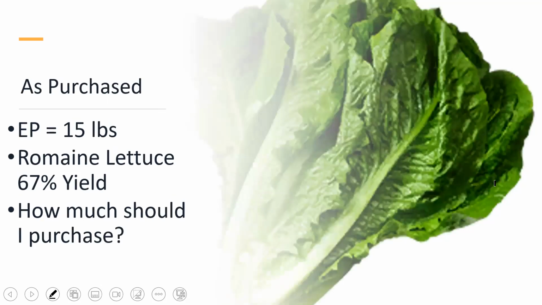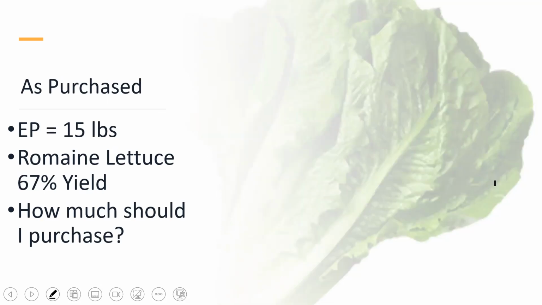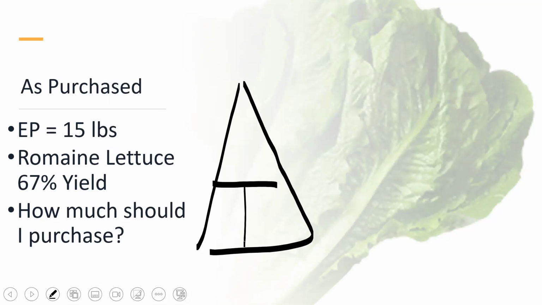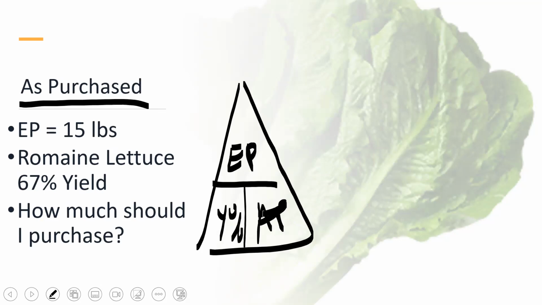Now let's look at it from the perspective of how much to purchase. In this case, my edible portion is 15 pounds. I need to have 15 pounds of lettuce in order to serve all the recipes and the guests that I have coming to my restaurant, or maybe it's a catering event. But I have the 15 pounds of edible portion that I need. That 67% yield stays the same. So in this case, I'm looking for the as purchased. I'm going to cross that out.